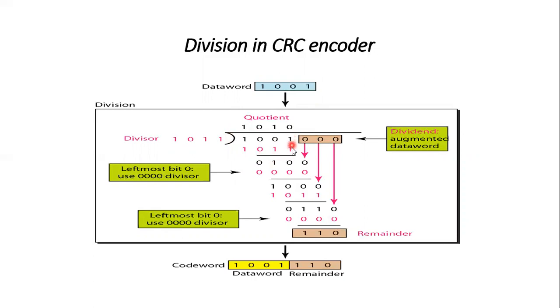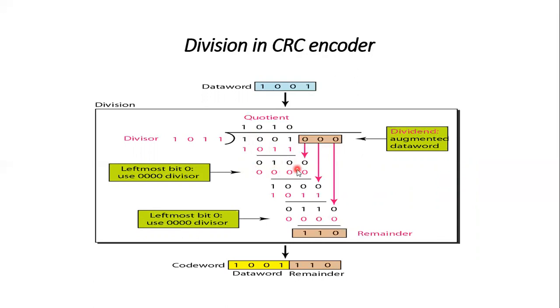When there are the same bits, the result is 0. A different bit means it is 1. So 1 1 is the same, therefore 0. 0 1 is different, therefore 1. 0 0 is the same, therefore 0. Like that, 0. Now we bring down this 0 here.